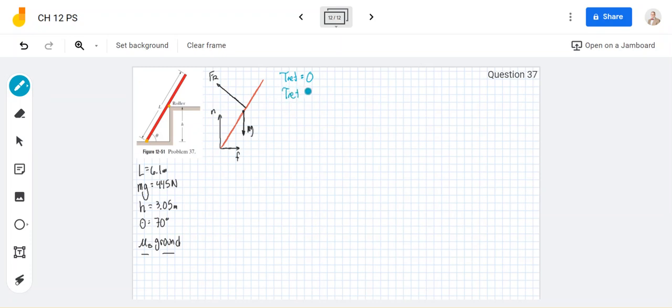So what supplies a torque? Well, I know that mg is at the center, so it's halfway up. So L over 2 times mg times the sine of, well, if we're going to call this theta, then the angle it makes is going to be 90 minus theta.